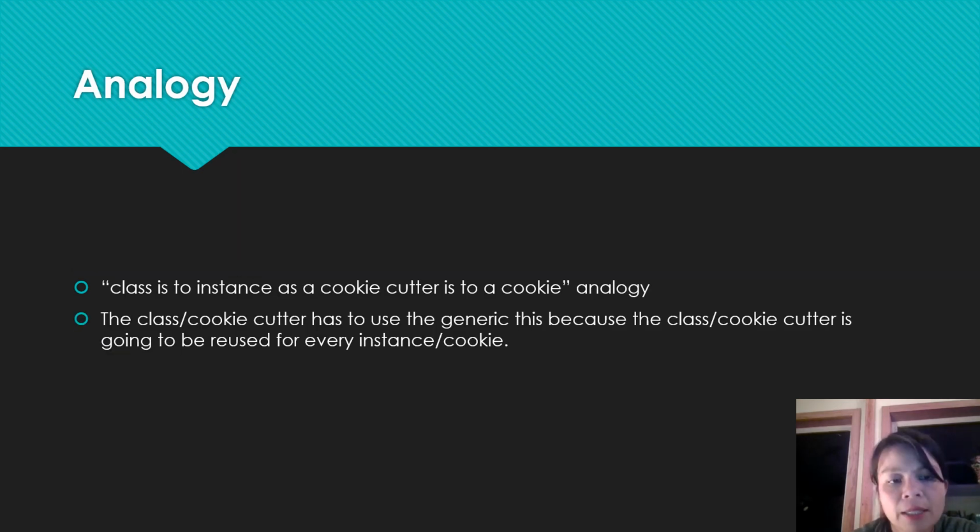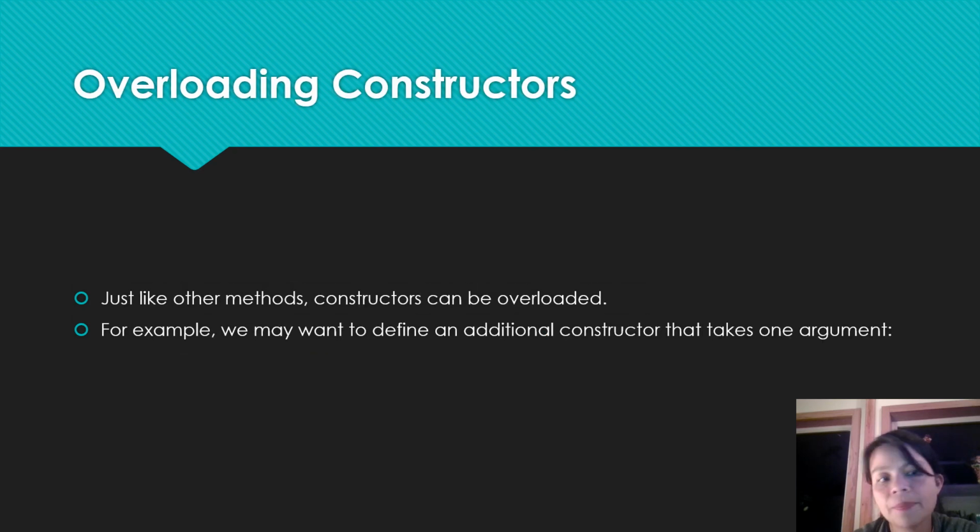Class is to instance as a cookie cutter is to a cookie. Let's think of that analogy. So the class, or the cookie cutter, uses a generic this, because the class is going to be reused for every instance, or every cookie, right?